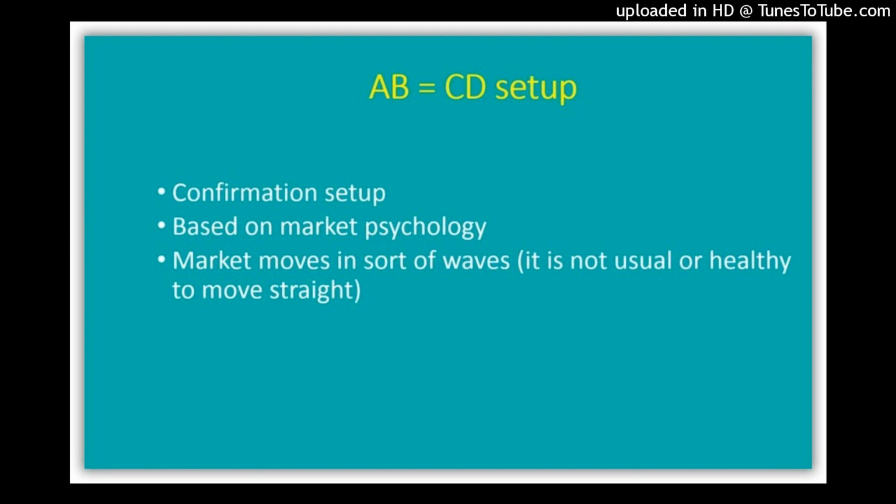So in this screenshot, those are the schemes of the ABCD setup. The left picture is a bearish ABCD formation, and it looks like this. You need to use significant swing points. So one swing point is in here, then the price goes upwards, creates a high. This is another swing point.